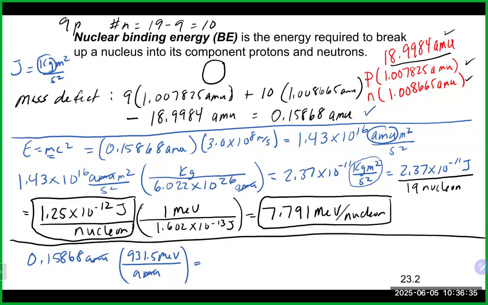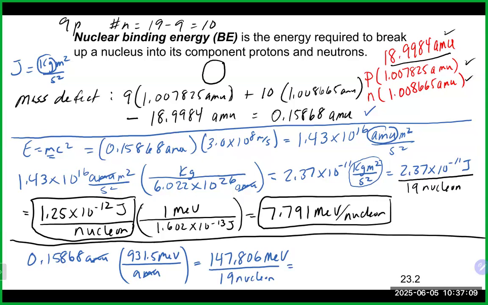Take your 931.5 times 0.15868. Take that times 931.5 and that gets you 147.806 mega electron volts.